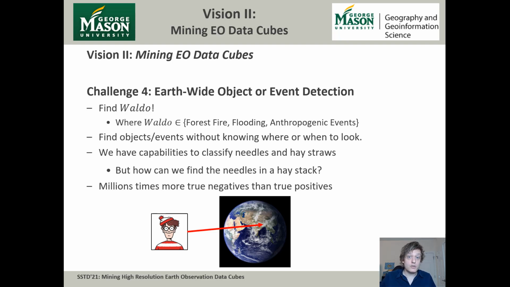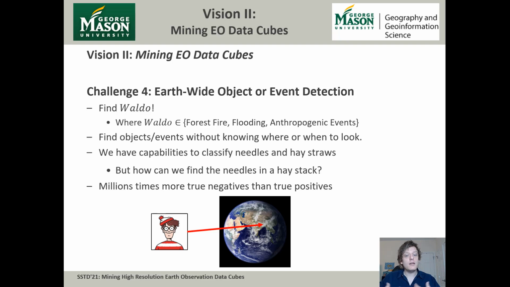So the new challenge here is that, given an image of a forest fire and given an image of a non-forest fire, we can find good solutions to classify what is a forest fire and what is not, which means we have good solutions to classify what is a needle and what is a hay straw.